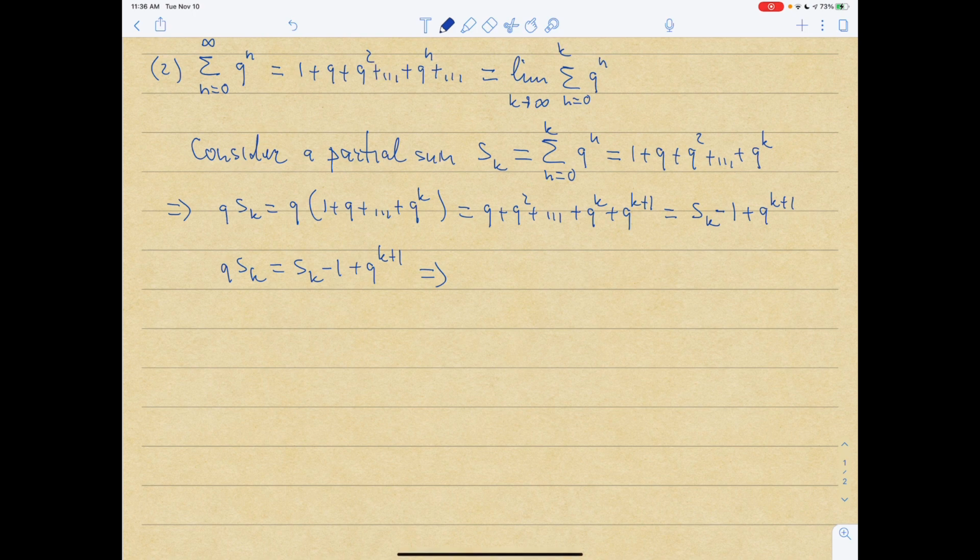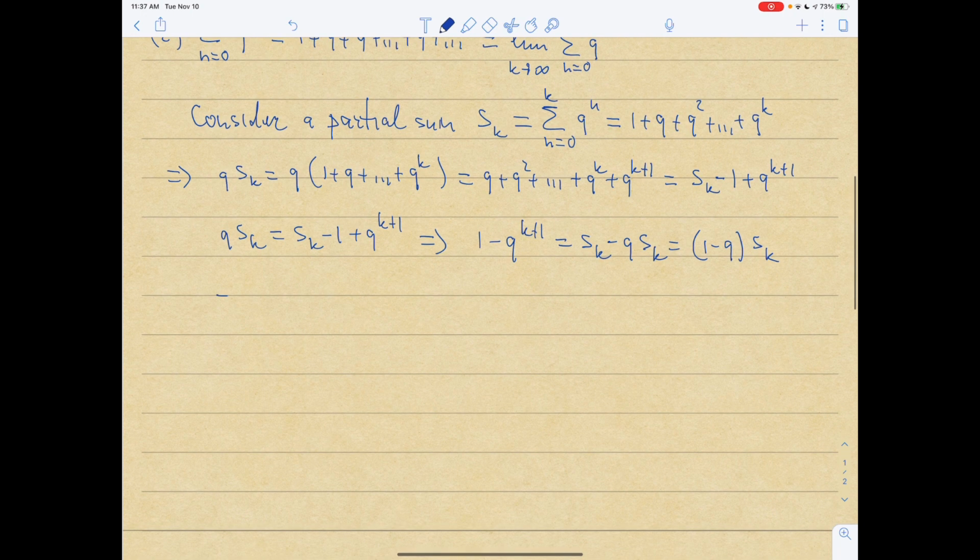I can subtract q S_k from both sides and move the minus 1 plus q to the k plus 1 to the left side, to give me 1 minus q to the k plus 1 equal to S_k minus q S_k, or (1 minus q) S_k, which I can now solve for S_k, right, because this is just an equation for S_k.